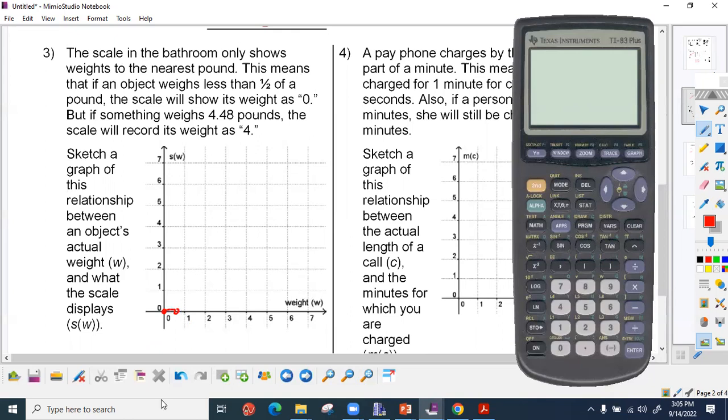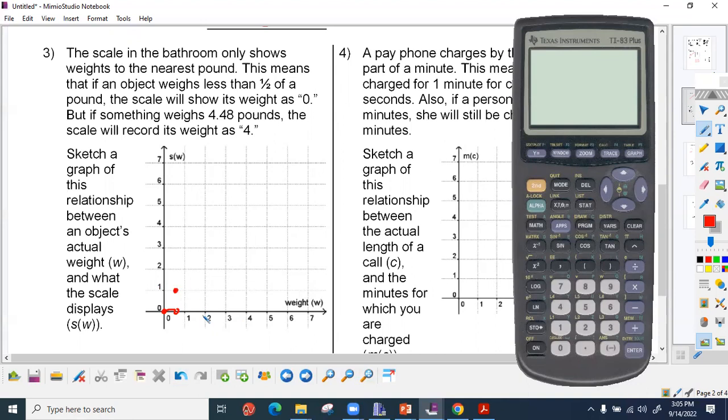And boom. Does that make sense? It's like a pattern and everything. Exactly. Once you start it, you should see the pattern. That's the hope, right? So if I weigh 0.5, what is the scale going to show? It's going to show a 1, right?